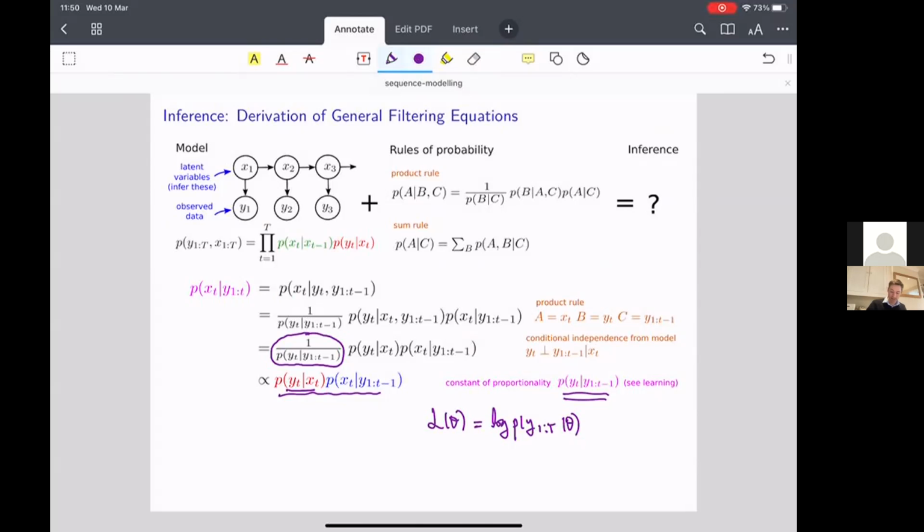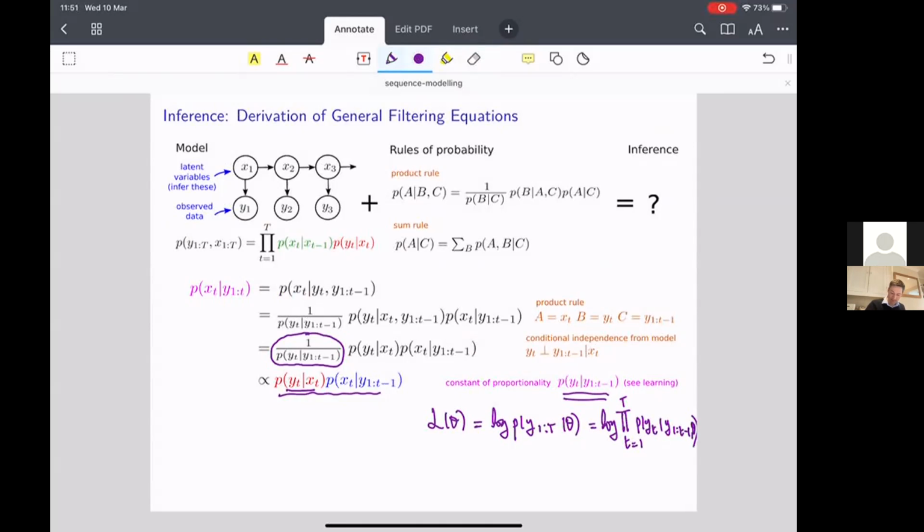Or actually, a log likelihood as I've written it down here. And this can be written as the log of the product from t equals 1 to big T of p of y of t given y1 to t minus 1 and theta. So I've decomposed the likelihood, using the product rule, into a product of the next y of t in the sequence given all of the previous ones and the parameters.